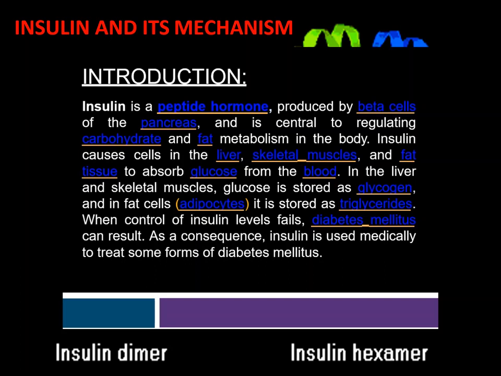In the liver and skeletal muscle, glucose is stored as glycogen, and in fat as triglyceride. When the control of insulin level fails, diabetes mellitus can result. As a consequence, insulin is used medically to treat some forms of diabetes.